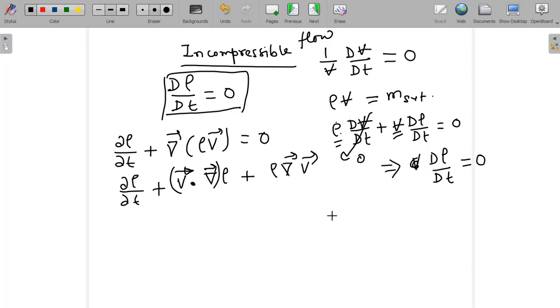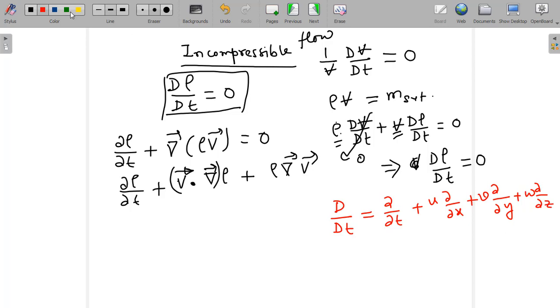The relationship between the material derivative and the field variable is that this D/Dt is, in terms of field quantities, ∂/∂t plus u ∂/∂x plus v ∂/∂y plus w ∂/∂z.